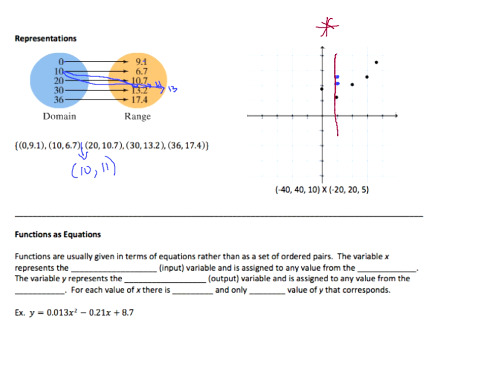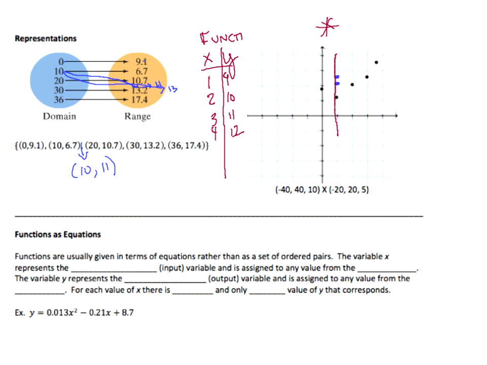We also have another way of representing input and output data, and that's a good old XY table. So if I have an XY table that looks like this, 1, 2, 3, 4, I'm just making up numbers, by the way, 9, 10, 11, 12. This is representative of a function.